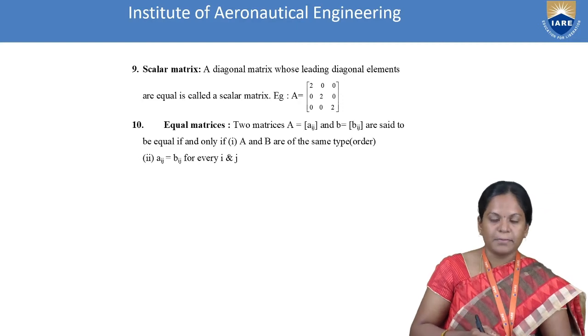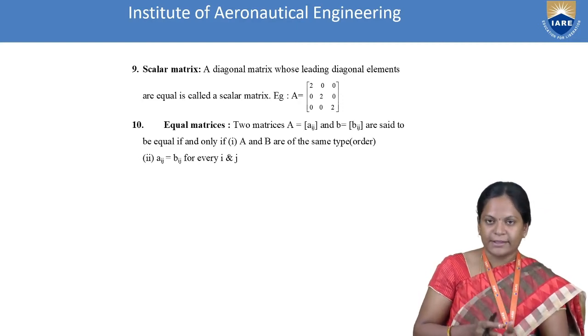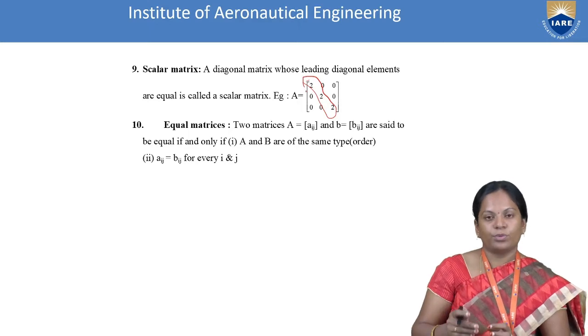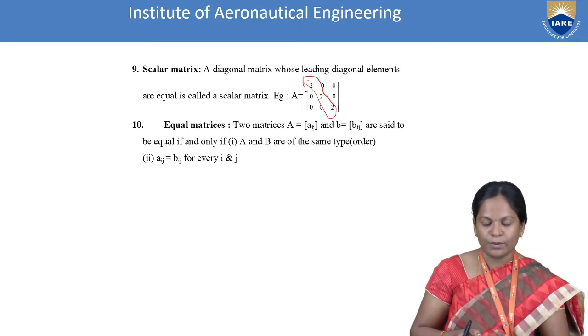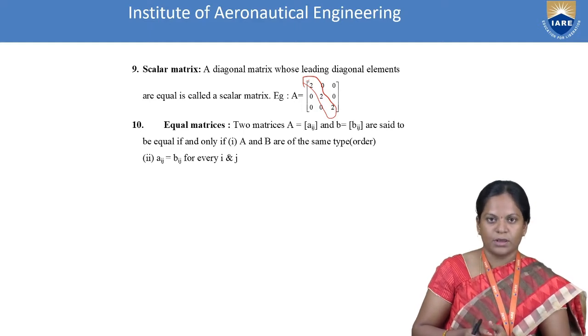Next we have the scalar matrix. What is the difference between a diagonal matrix and a scalar matrix? In a scalar matrix, we have only diagonal elements and those diagonal elements are equal. In a general diagonal matrix, the diagonal elements are not necessarily equal.